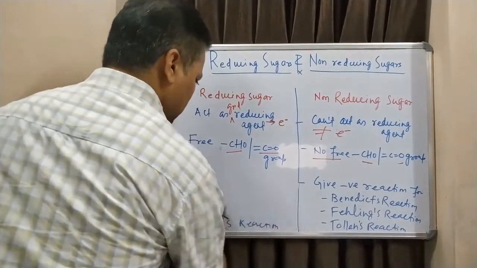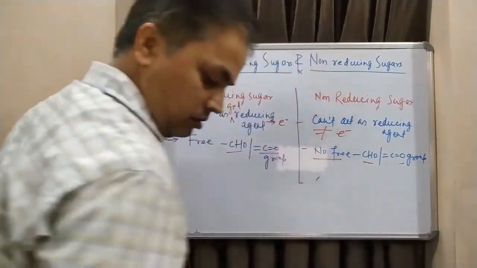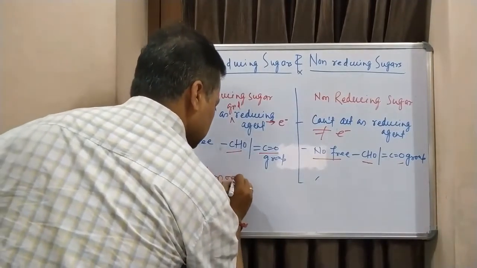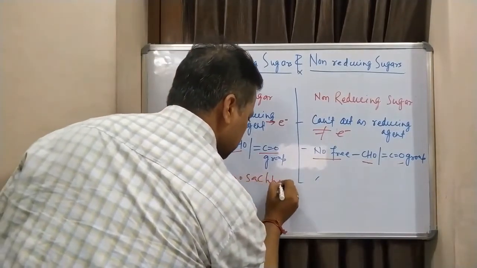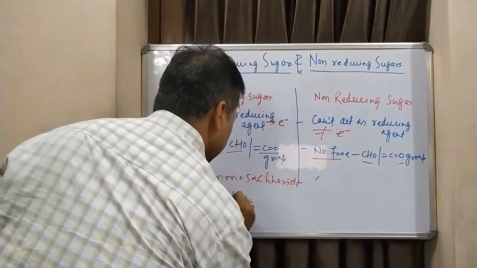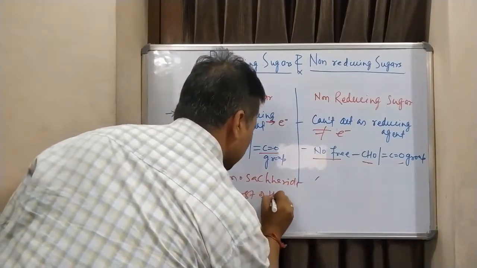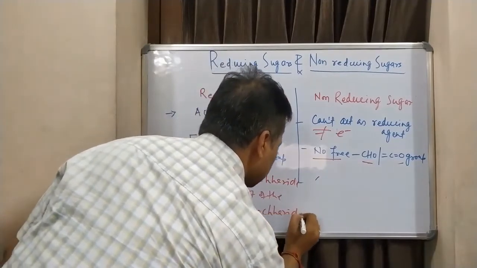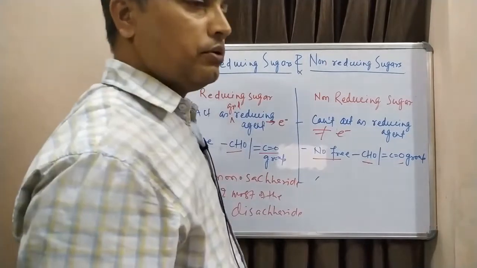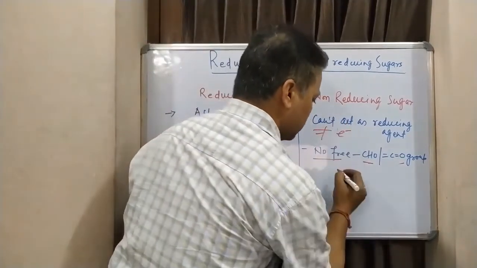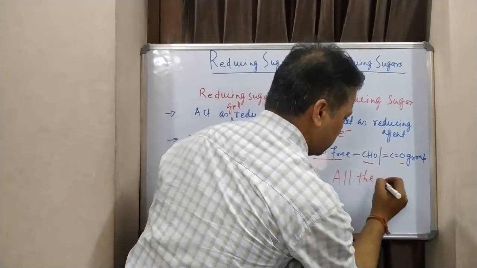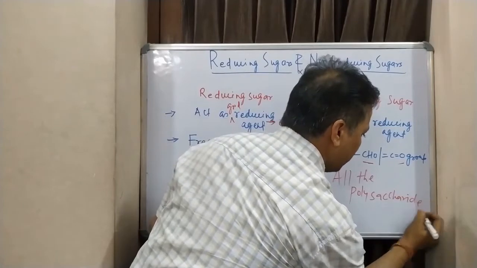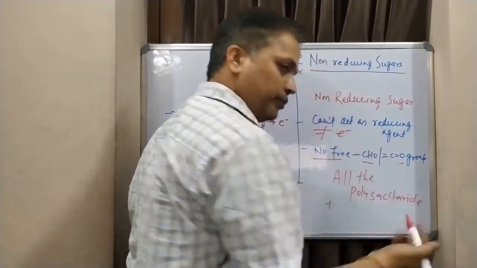For example, all the monosaccharides and most of the disaccharides are reducing sugars, whereas non-reducing sugars are all the polysaccharides plus a few disaccharides.